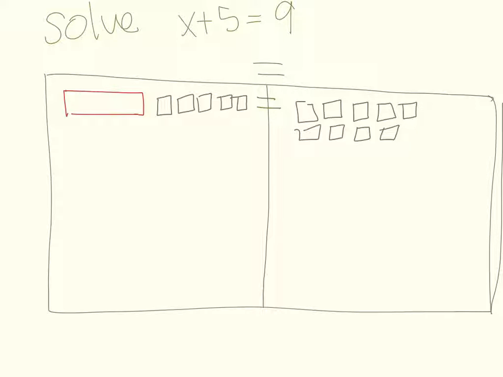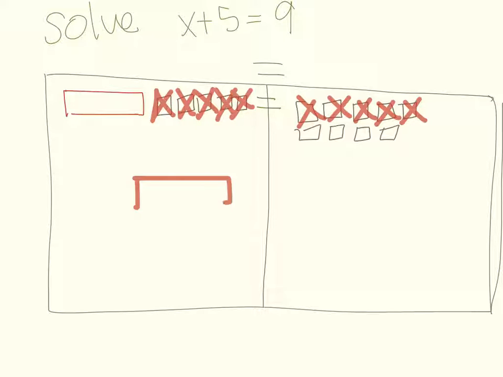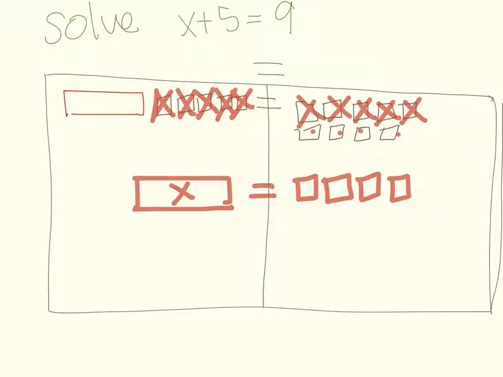In order to do that, I need to remove 5 tiles from each side. Once I've removed 5 tiles from each side, I am left with one variable, x, equaling 1, 2, 3, 4 tiles. So the solution here is x equals 4.